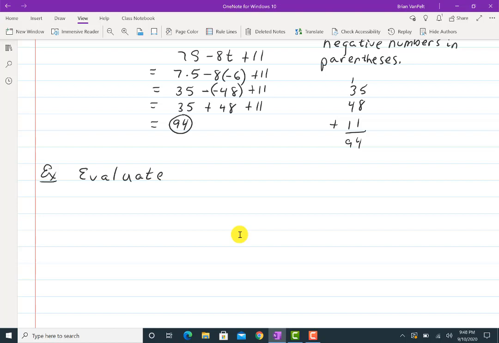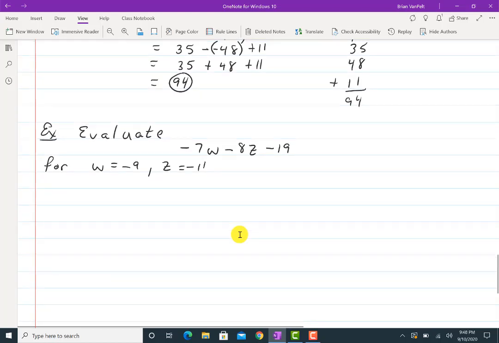Next example, here I have negative 7w minus 8z minus 19. So I want to evaluate that for w equals negative 9 and z equals negative 11. So let me plug those things in.